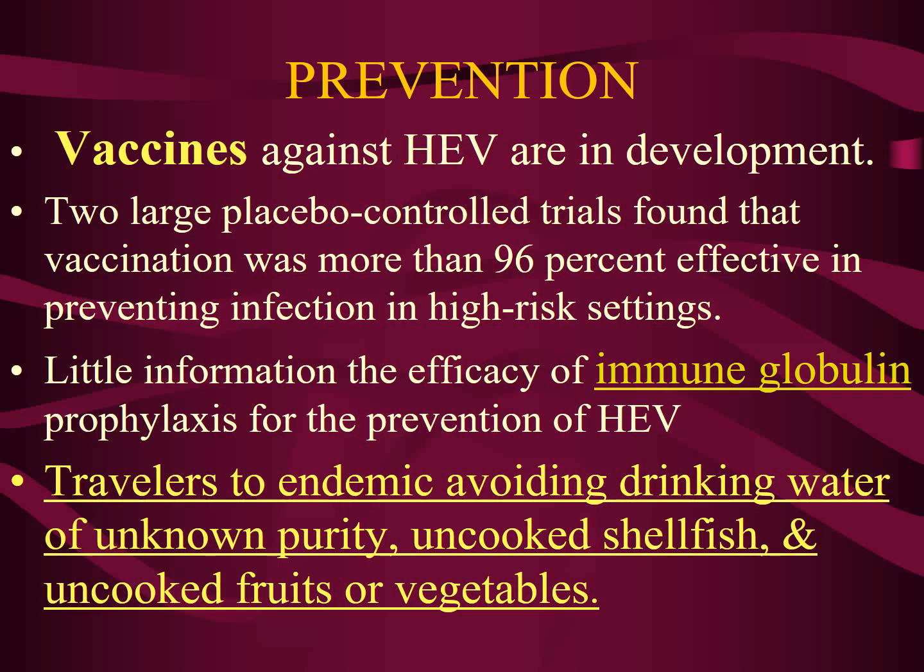Two large placebo-controlled trials found that vaccination was more than 96% effective in preventing the infection in high-risk settings. There is little information on the efficacy of immunoglobulin prophylaxis for the prevention of hepatitis E. What can be done for travelers to endemic areas?